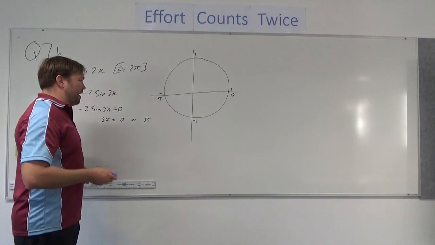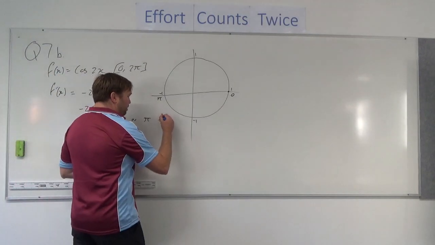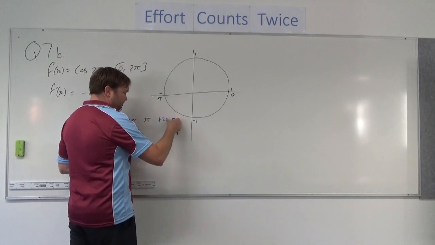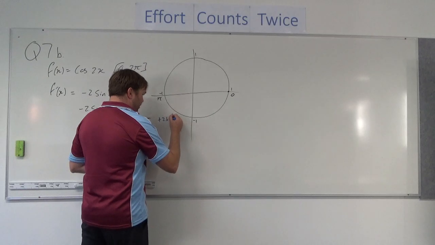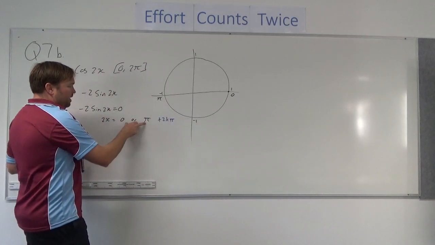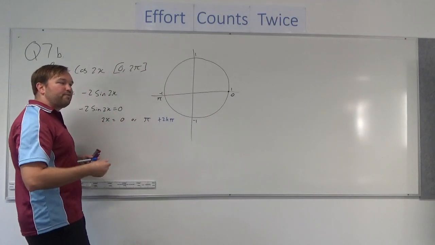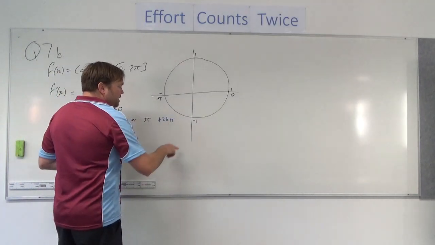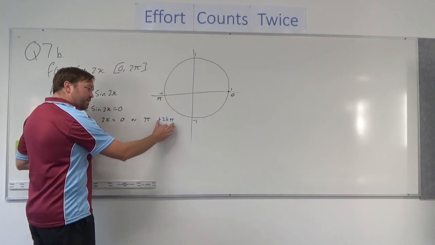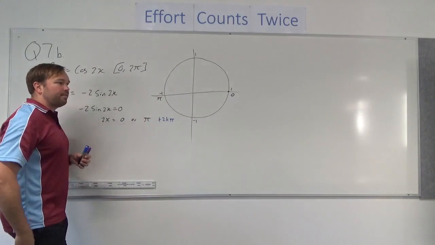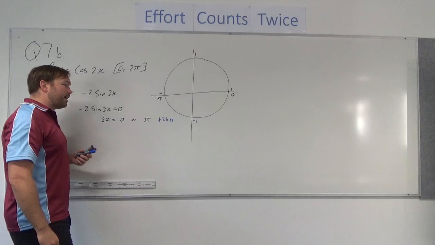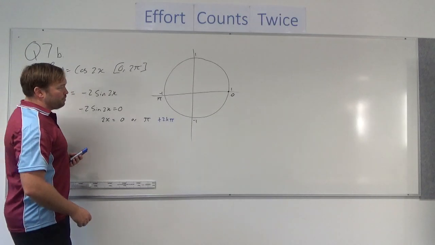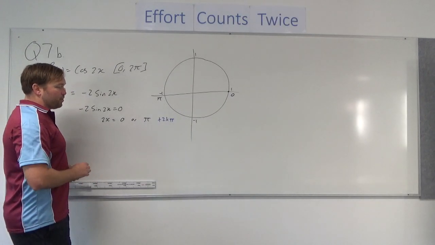The fancy way to account for this is plus 2k pi. What that means is that every time we go around the circle, we're finding another solution. Methods doesn't tend to be fussed too much with this fanciness here. The examiners aren't being mean about losing marks for it. However, here, it is important to recognize that you can get more than 2 solutions.